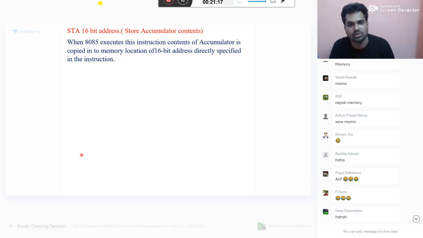It is just a reverse job of load accumulator. Let us see what happens.